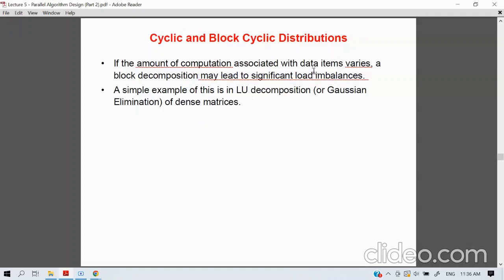So if we deal with different data items, our mapping technique or processes might obtain load imbalance, might get overhead. Usually LU decomposition or Gaussian elimination of a dense matrix always deals with different kinds of data items, so it can implement cyclic and block cyclic distribution.